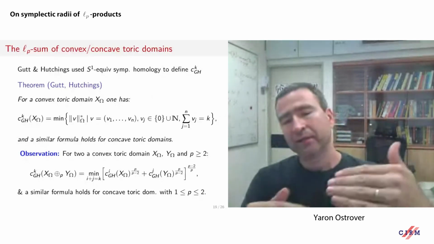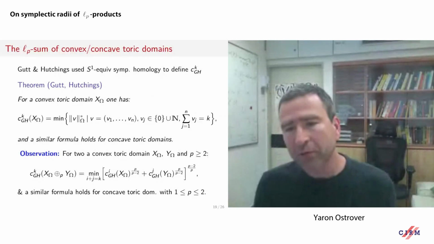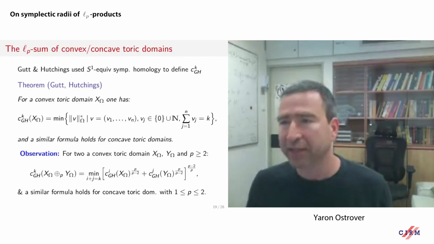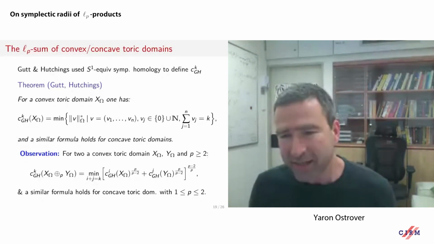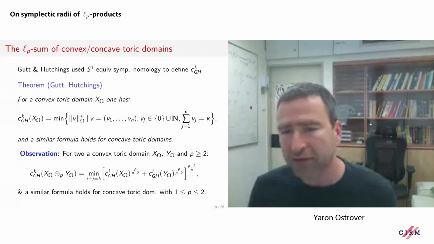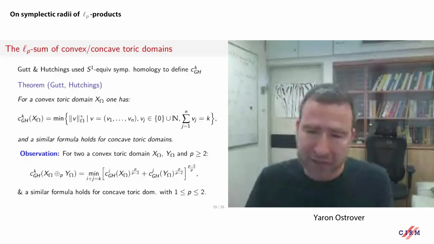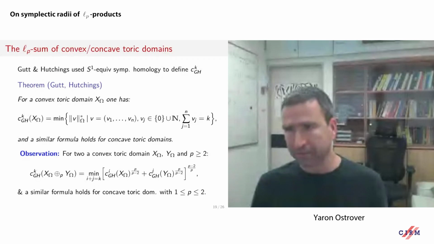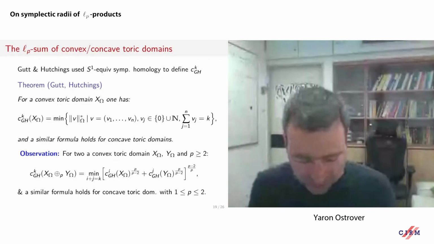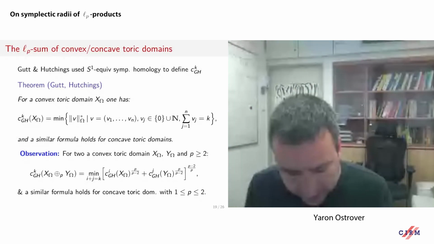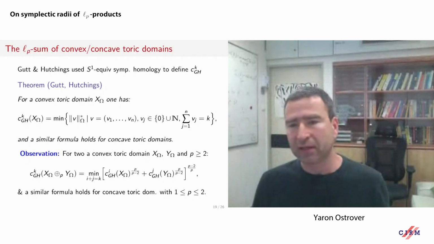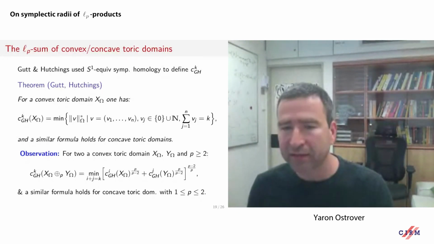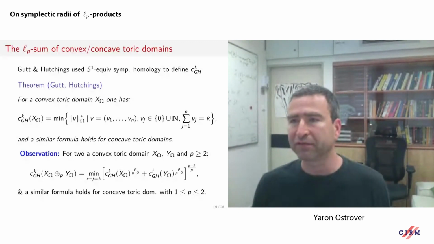But currently, we can prove these formulas for convex toric domains only for values p which are greater than 2. And in the other case, where we consider concave toric domains, we have to restrict ourselves to the case p between 1 and 2. So this is what follows more or less immediately from the formulas, but we suspect that this should be true in general, both for convex and concave toric domains.